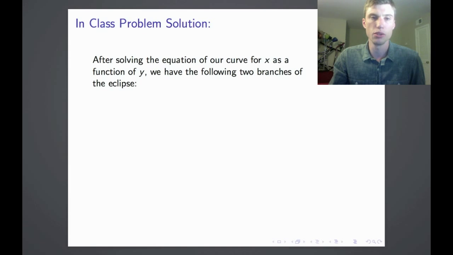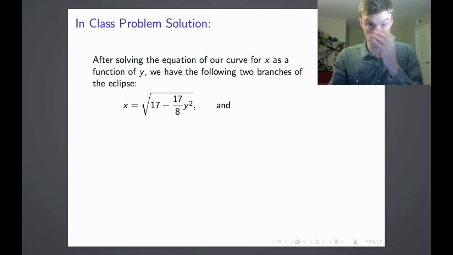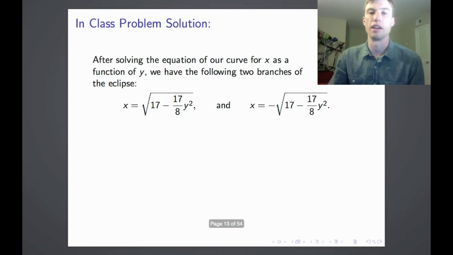So we will do this by solving the curves of the boundary of our base, which was the ellipse, for x as functions of y. So after doing this, you have two branches. You have the positive branch and the negative branch.